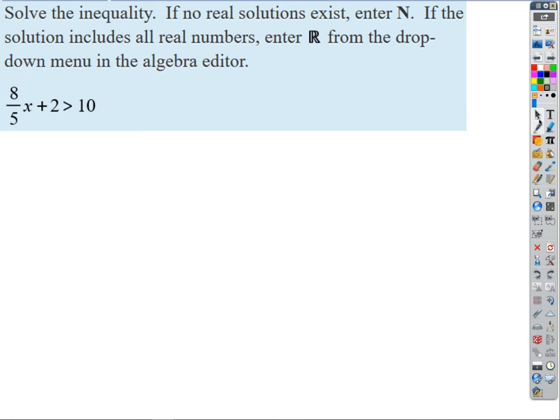Okay, how about this guy? Take a second, think about that. Okay. Jade, what do you think? Got to get the x by itself. What do you do first? Okay, first though, you've got to be real careful, remember, we're doing order of operations.